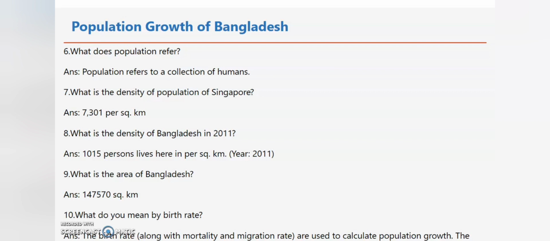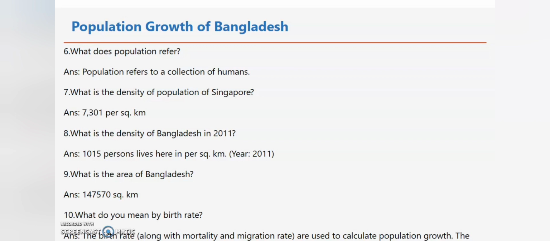Yes, the total area of Bangladesh is 1,47,570 square kilometer. Yes, you heard that the total area of Bangladesh is 1,47,570 square kilometer.